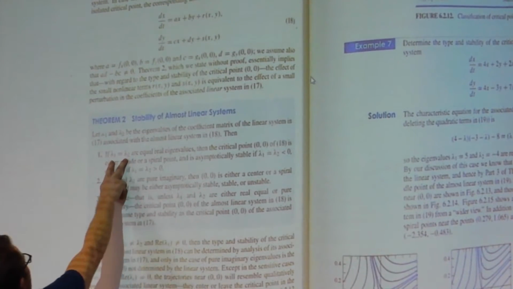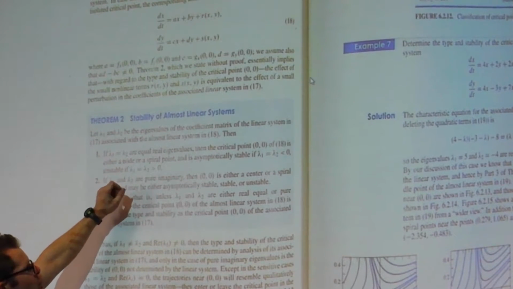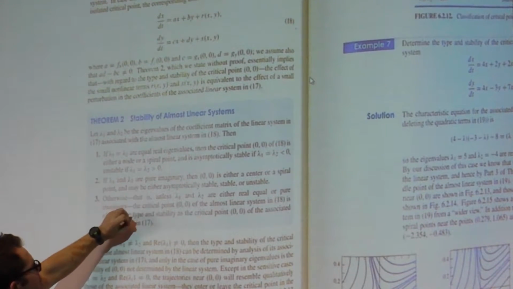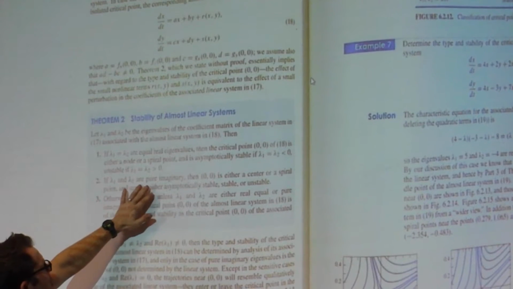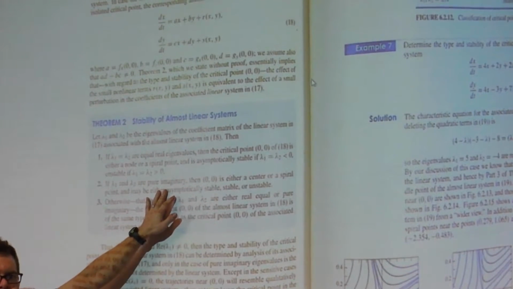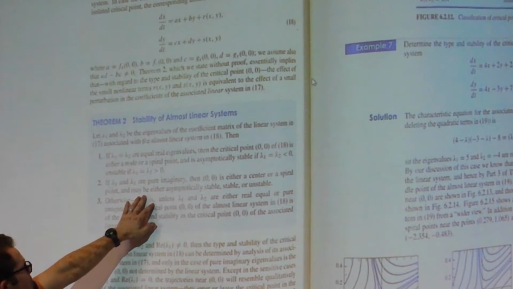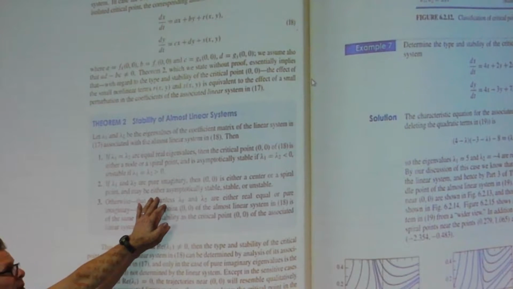Regardless of the sign, if the eigenvalues are equal, that's not enough to tell you exactly which type and stability of the original system. Or when they are purely imaginary, 0 plus bi, 0 minus bi, so plus or minus bi. But it's pretty good. It says that it will either be a spiral or a stable center.